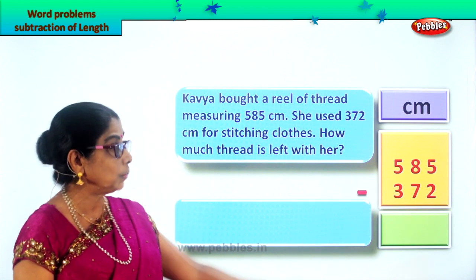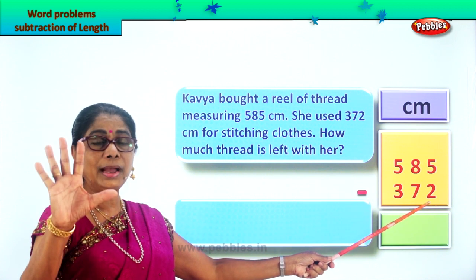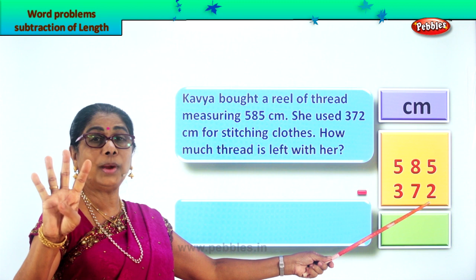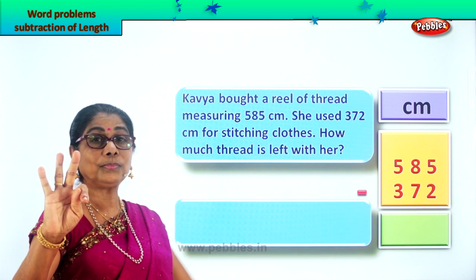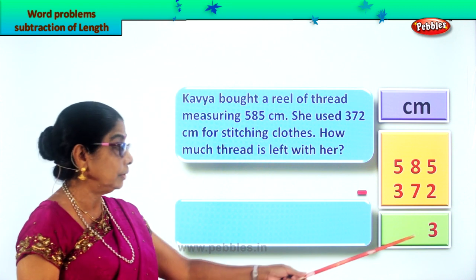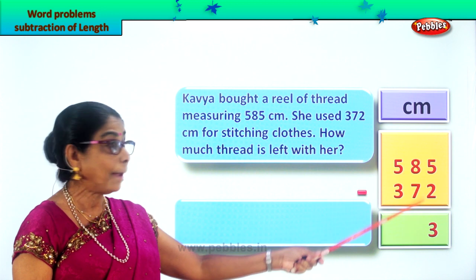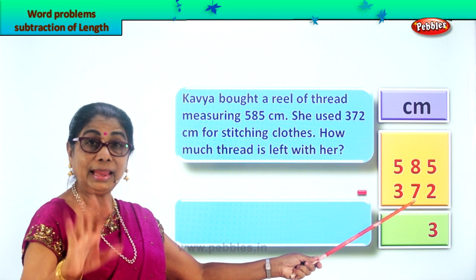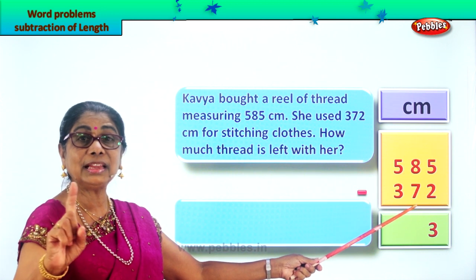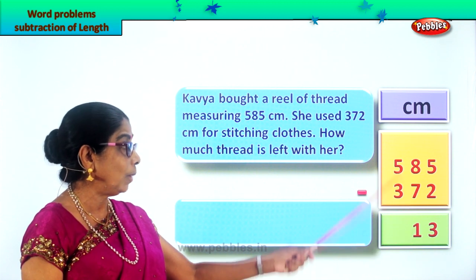Let's go to the ones place. 5 take away 2. 5 minus 2 gives you 3. Good. So we write down 3. Here in the tens place, 8 minus 7. 8 take away 7 gives you 1. Good. So we write down 1 here.